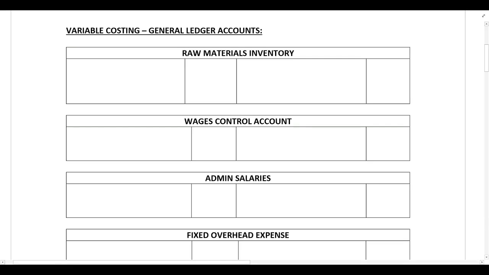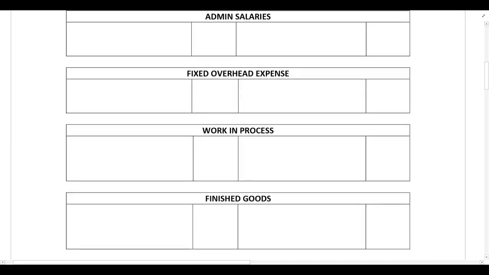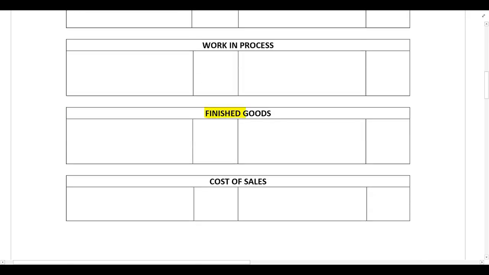So these are my general ledger accounts for variable costing. Here's my finished goods. Remember, this is going to be an asset. This is a category of inventory. We have an opening balance of 4,500 Rand, and we have a closing balance of 13,200 Rand.